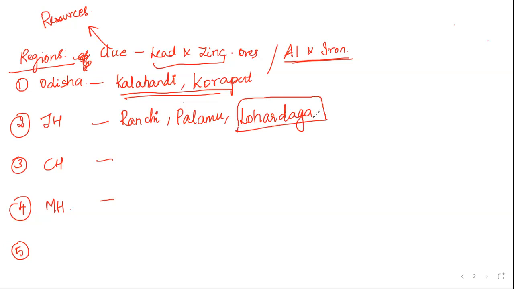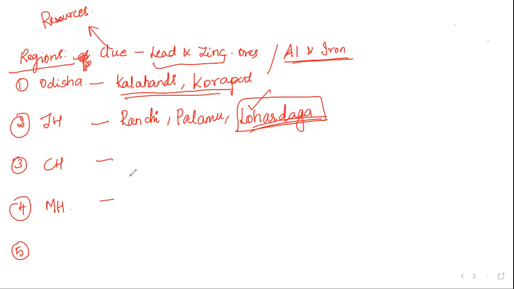In your iron and steel industry notes, in the regions list with respect to Jharkhand, please mention Lohardaga also. It's very important. This should be added as a part of your iron and steel industry also. Ranchi, Palamu, and Lohardaga are the important regions with respect to Jharkhand.